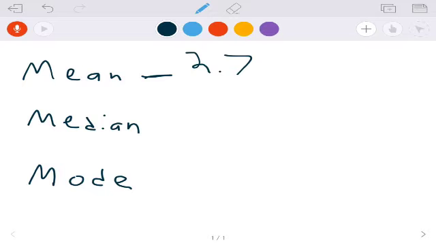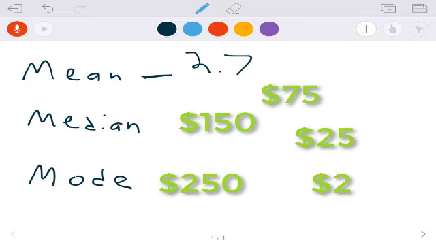The other thing about mean is that it can really be thrown off if you have somebody like Bill Gates. Let's say we're looking at money, and we take how much money everyone in our class has. Maybe some of you have a couple hundred dollars, maybe some of you only have $1 or $2.